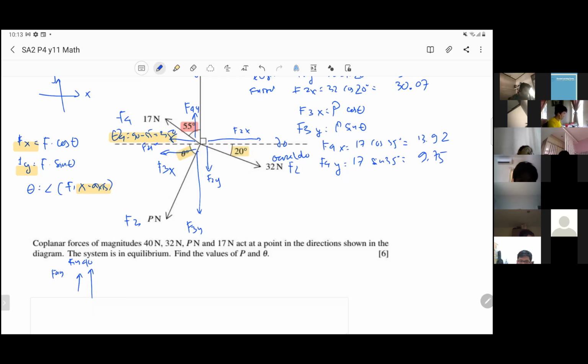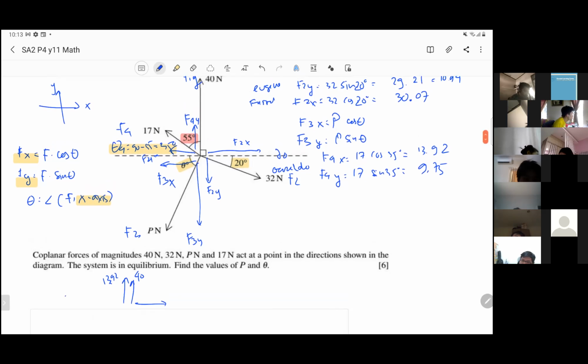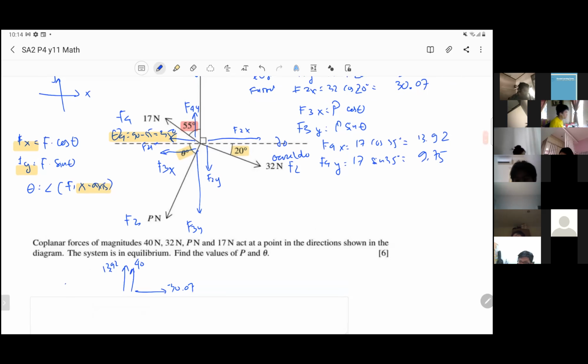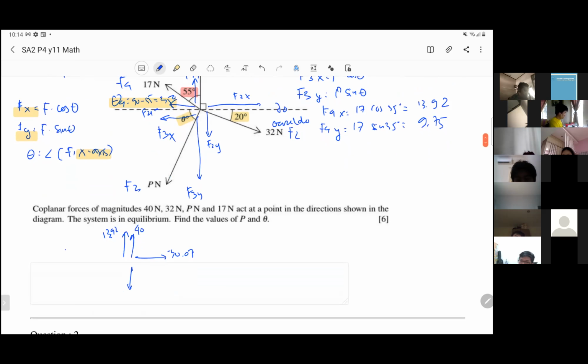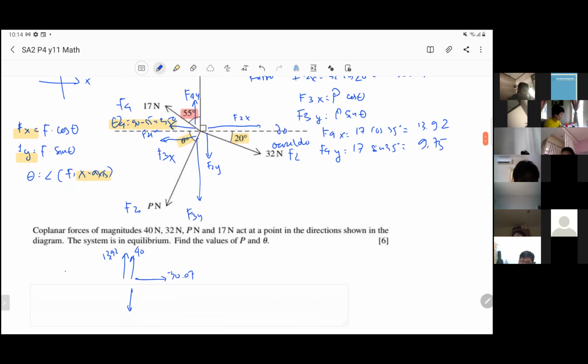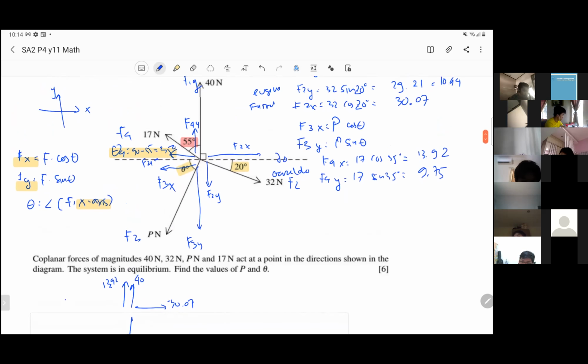So here I'm going to add, up, we have simply 40. This is F1Y. And we also have up from F4Y, that's going to be 13.92. For going up, 13.92 and 40. For going right, there's only one, and that is F2X with the magnitude of 30.07. Going down, we have two. F2Y, 10.94.